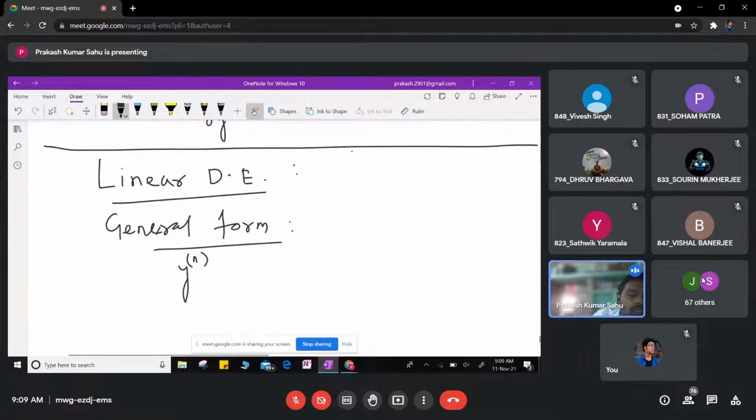Suppose the nth derivative of y, plus some constant a1 times the n minus 1th derivative, plus a2 times the n minus 2th derivative, plus dot dot dot, the last ones being a(n-1) y dash plus an y, is equal to f of x.